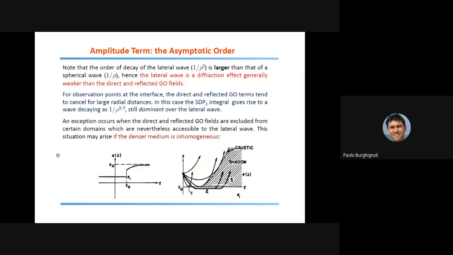There may be exceptions in which you can observe easily the lateral wave, and that occurs, for example, in non-uniform media. In the bottom of this slide, you can see an example. You have a source here on the z-axis that launches rays in a non-uniform medium whose permittivity profile along z is represented on the left.